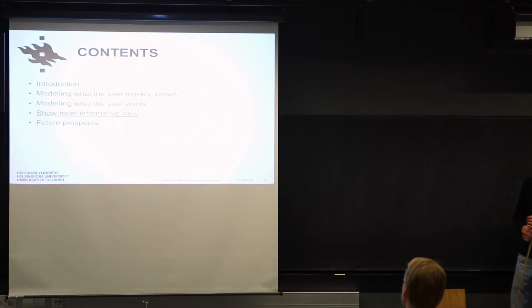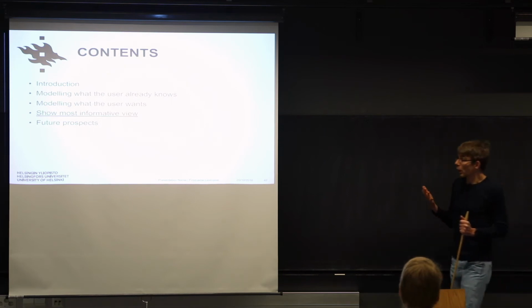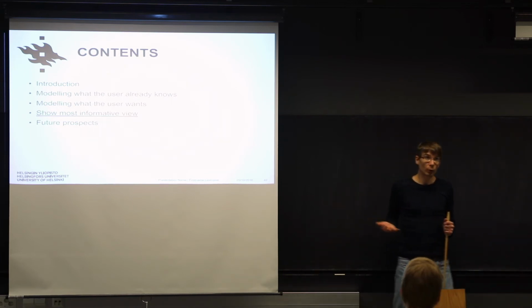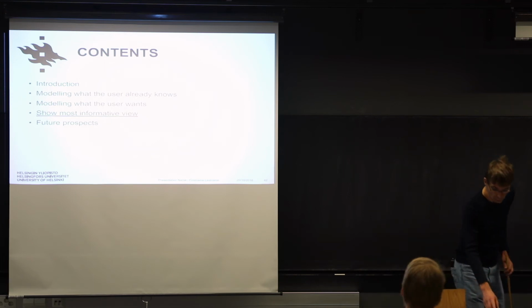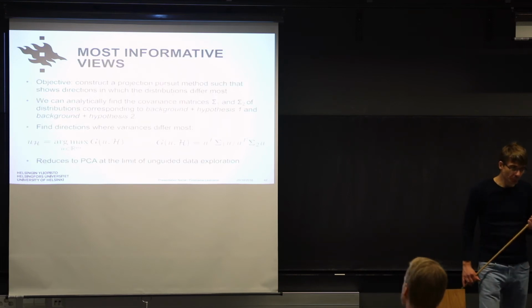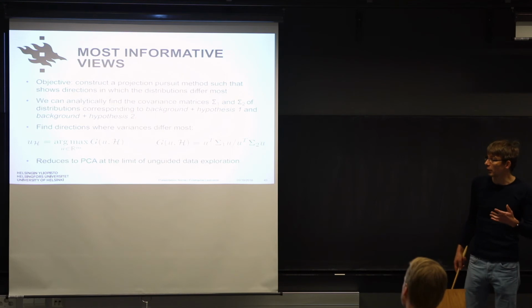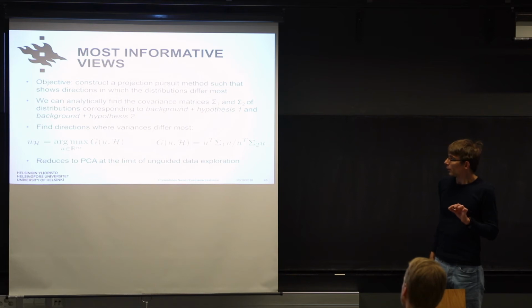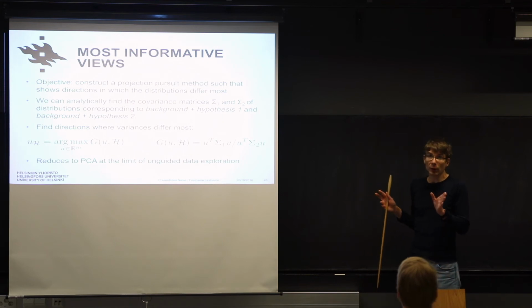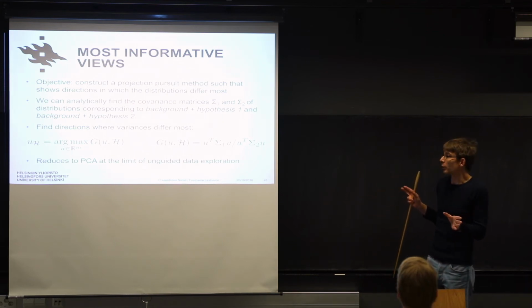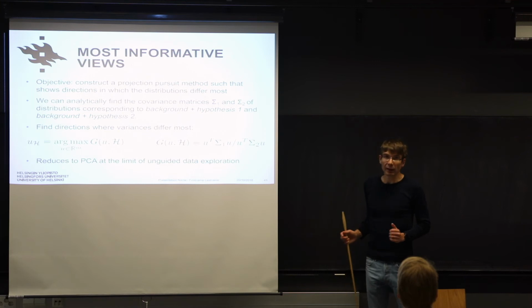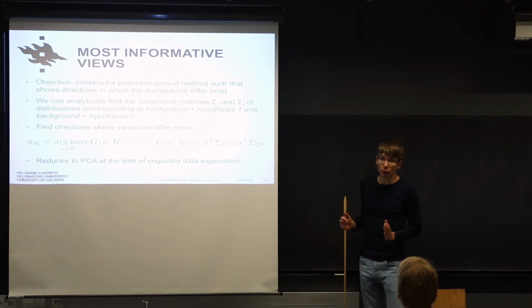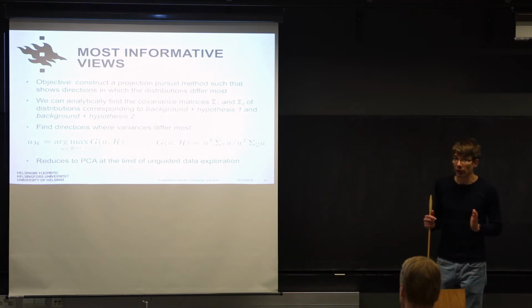But then the question is, how do you do this interaction, and how do you interface with the user? One way to approach this is to remember that we are comparing two distributions, and we want to show the maximal difference between them.